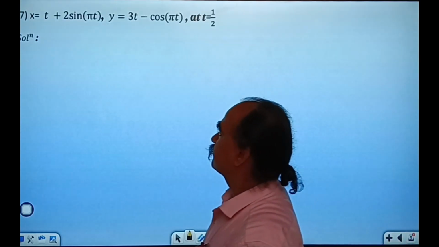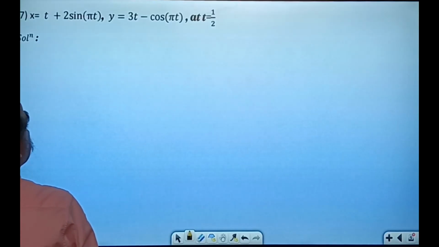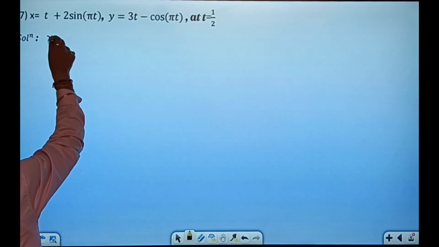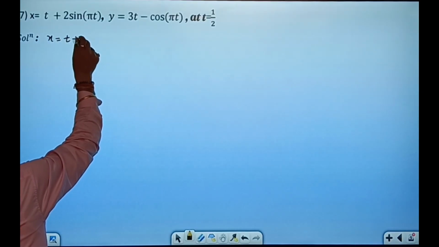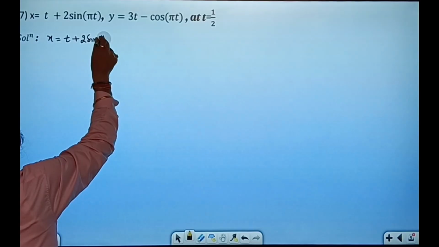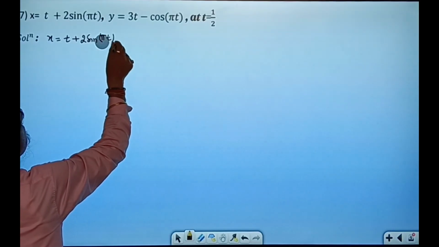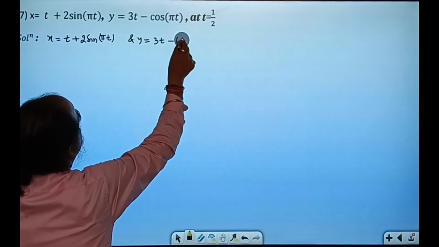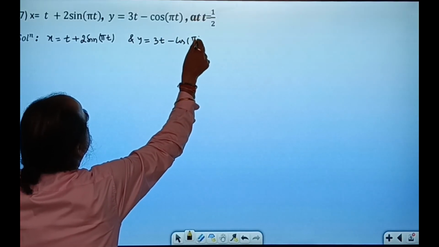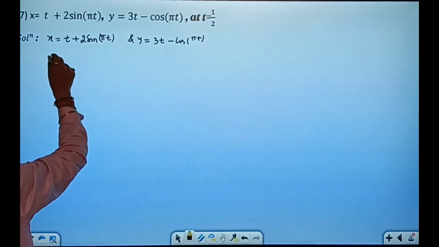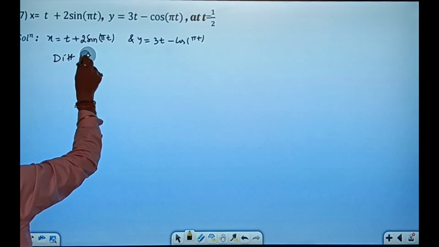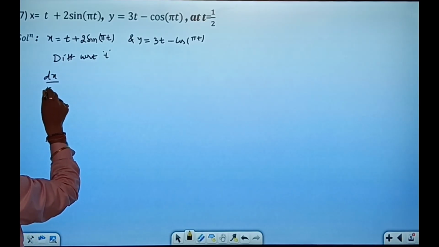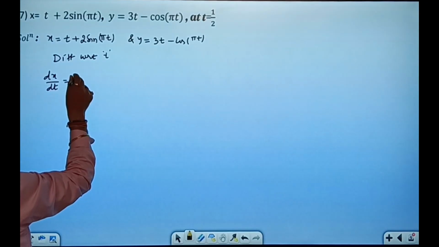x is t plus 2 sine pi t and y is 3t minus cos pi t. Differentiating with respect to t. dx by dt is what?